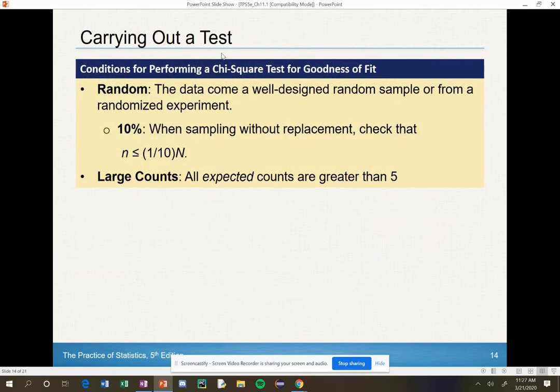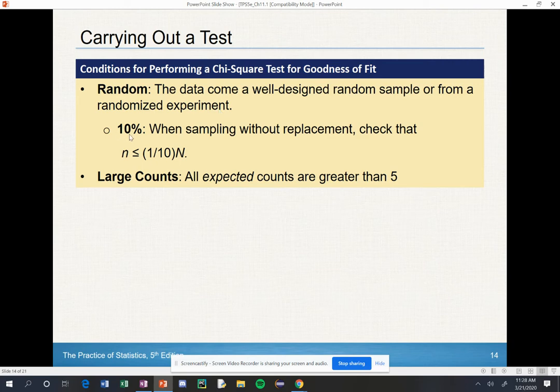The first condition, just like in the past, is random: it comes from either a well-designed random sample or from a randomized experiment, basically an SRS. So we want to be picking out a bag of M&Ms from a random sample.